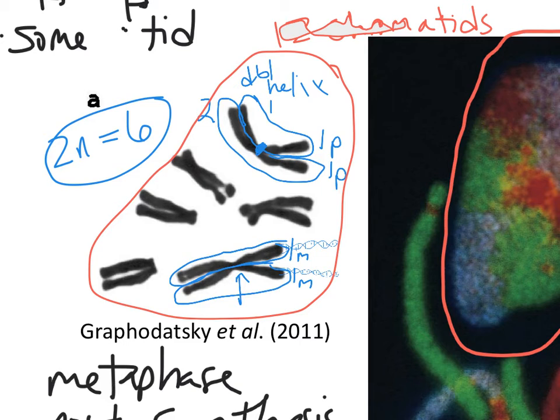It's two double helices touching or next to each other that look like a single object, and so we're used to calling it a chromosome, but it's two double helices. Outside of mitosis, we would call those chromosomes. Inside mitosis, we call them chromatids. Regardless, it's two double helices.